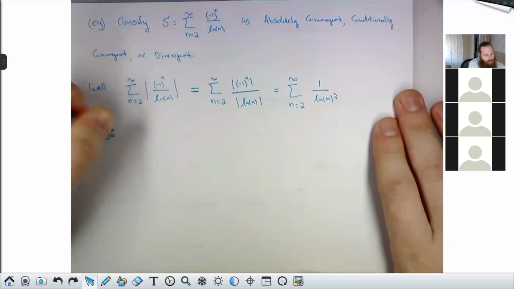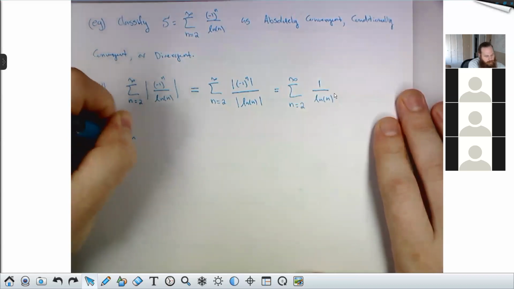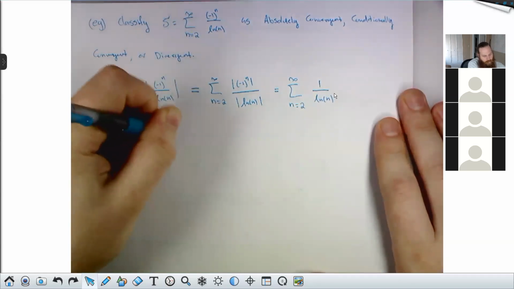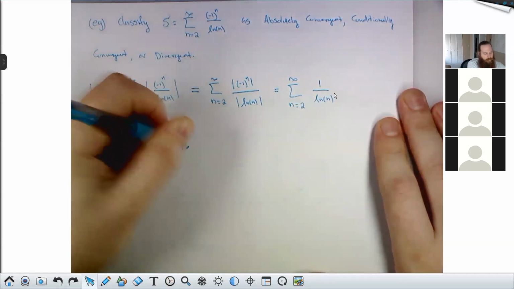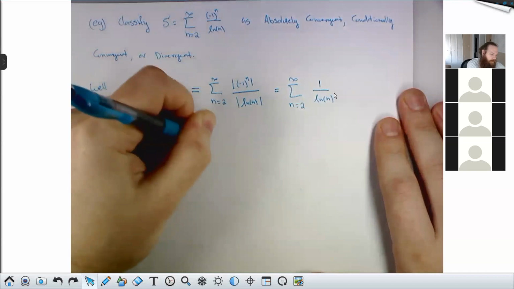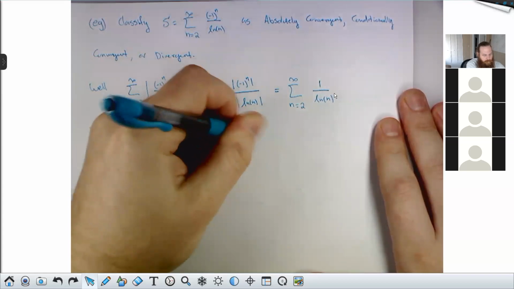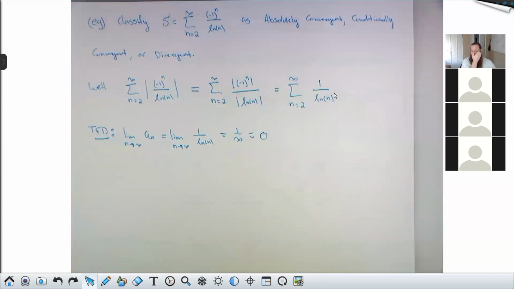That's what you're doing there. You're saying the limit as n goes to infinity of the a_n here is the limit as n goes to infinity of 1 over the natural log of n. And that is 0. That's 1 over infinity, which is 0. But this doesn't tell me anything. Remember, the converse to the test for divergence is not true.